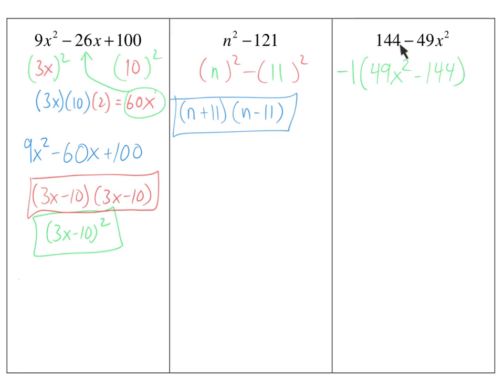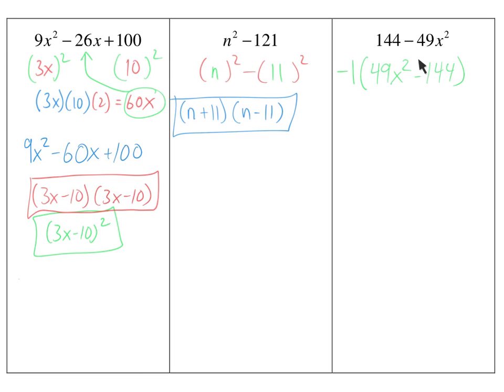I also switched these, because when I pull a negative out, won't that become a positive and that become a negative? And I usually like the squareds first, not in the back. It just helps sometimes to rewrite it so the squared piece is first and not negative. You don't have to, it's just very common.